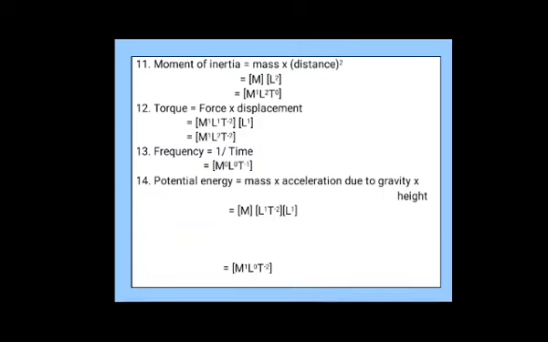Then how many M terms are there? Only one, it is M raised to 1. And L raised to 1 and L raised to 1 you are adding, you will get L raised to 2, and T raised to minus 2. So the dimensional formula for potential energy is M raised to 1, L raised to 2, T raised to minus 2.